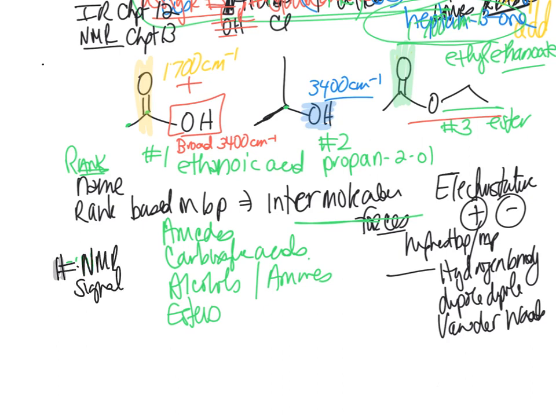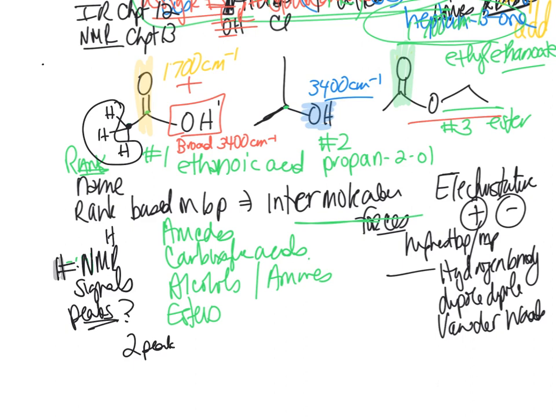So how many peaks do you expect to see? Remember the equivalent hydrogens? Well, you're looking at hydrogen NMR. So the first one, you're going to get 2 peaks. You can draw them in there. Those hydrogens are all equivalent. And then this hydrogen, there's 2 peaks.